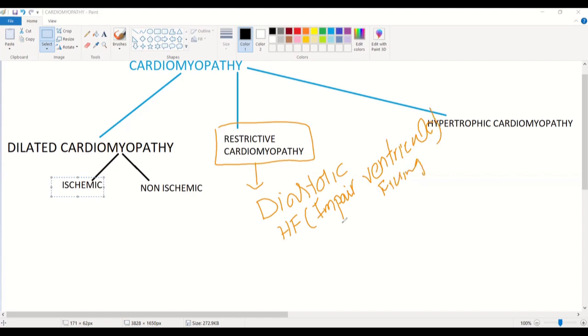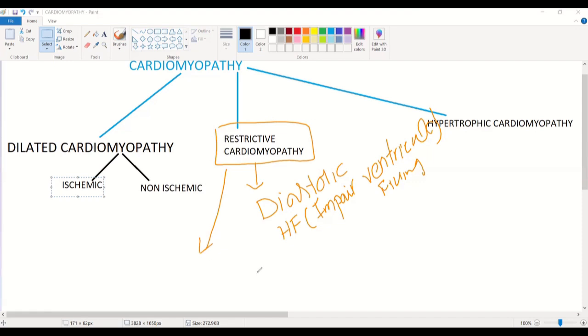So diastolic heart failure occurs in restrictive as well as hypertrophic cardiomyopathy. What are the high yield causes of restrictive cardiomyopathy?